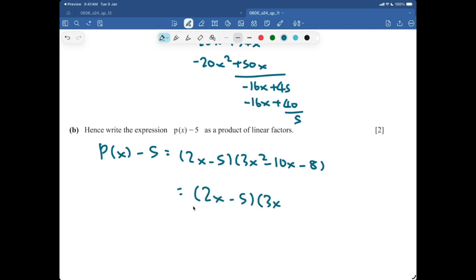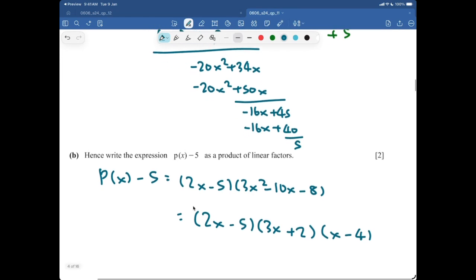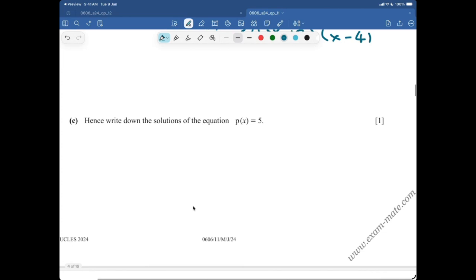You know there's 3x something, x something. So using my experience, I could tell it is (3x - 4)(x + 2)... possibly 3x plus 2 and x minus 4. And this is p(x) minus 5 as a product of linear factors which have the degree of 1.